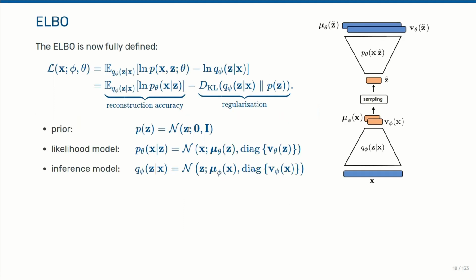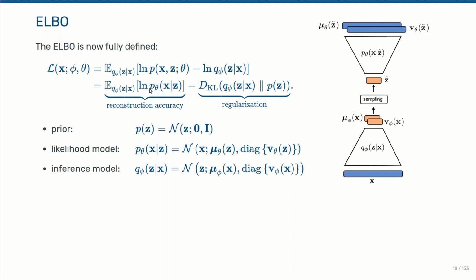Now this allows us to write the full evidence lower bound or variational lower bound, which is this equation that you have on the top. If we develop this a little bit, we can split the expectation into two terms that are, of course, two different expectations.